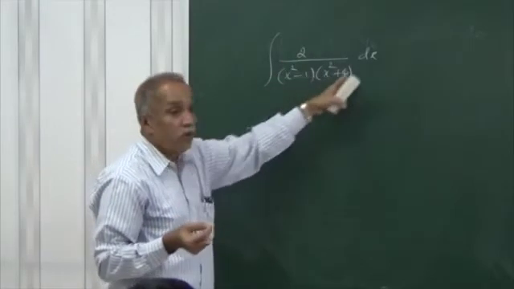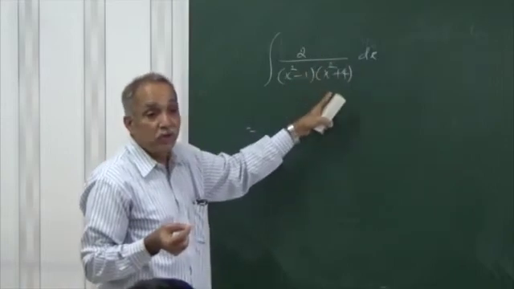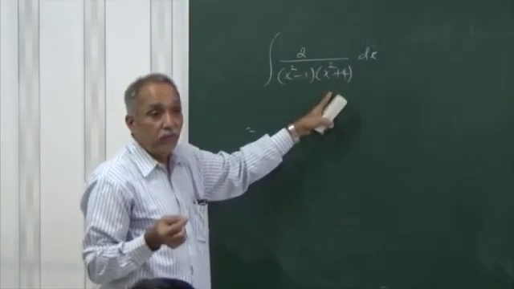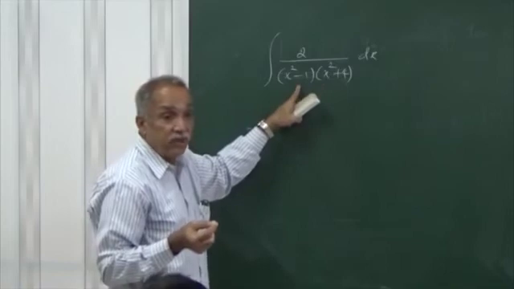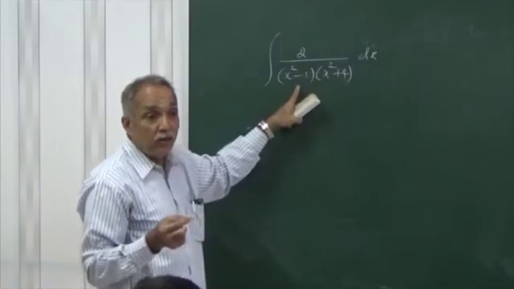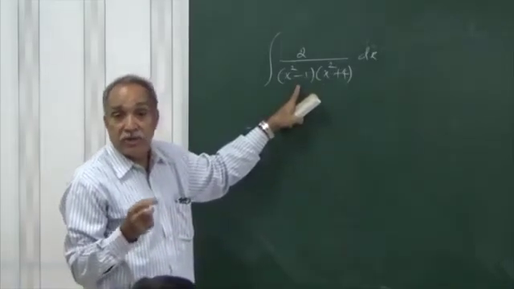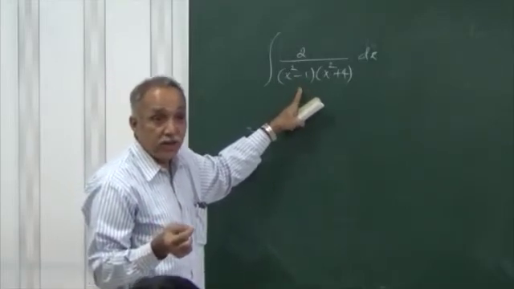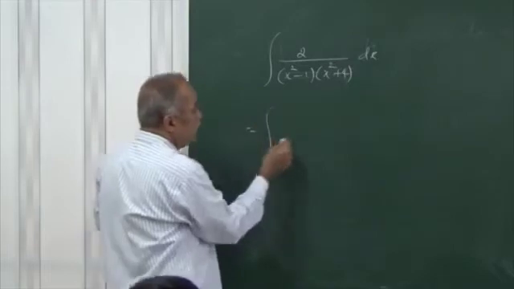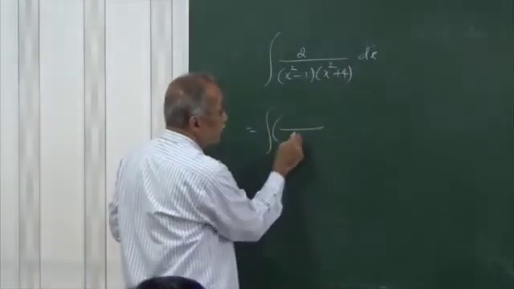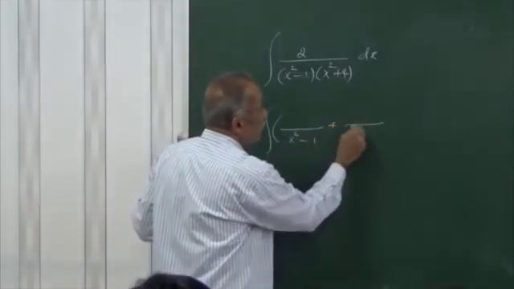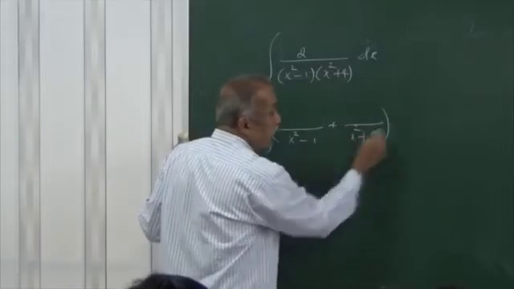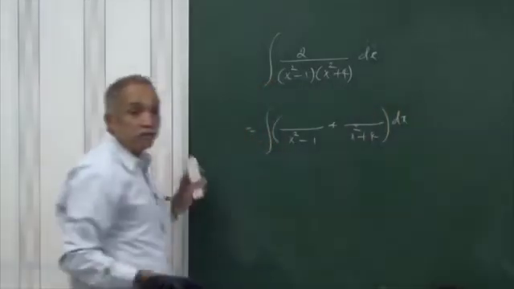Your expression involves only even powers of x. Therefore, no need to break this even. If I break this, I will not find my expression as an expression involving only even powers. I will retain this like this only, break it as it is into two partial fractions, one with denominator x square minus 1, second with x square plus 4.